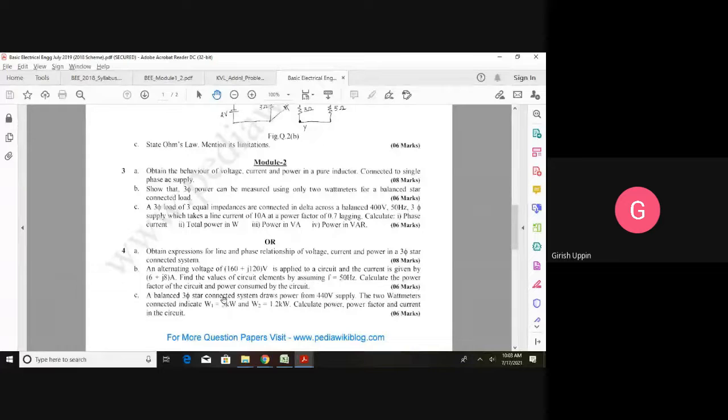In this particular case, they have given it incorrectly. With respect to our derivation, W2 is always the higher value. If you get this in the exam, say assume W2 is equal to 5 kilowatt and W1 is 1.2 kilowatt.